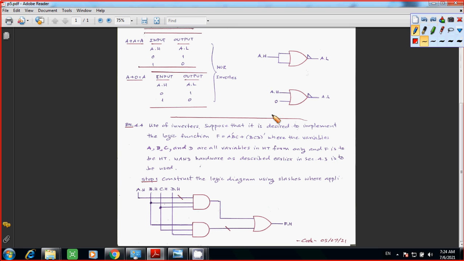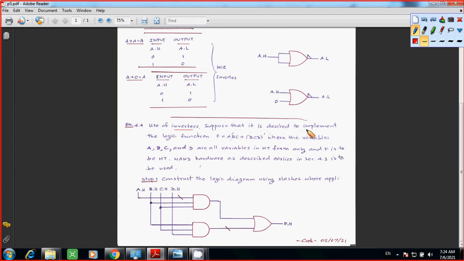To make you get more clear, let's take a look at example 4.4. Use of inverters. Now we're going to introduce inverter in your circuit to balance the light segment, in the term of voltage.